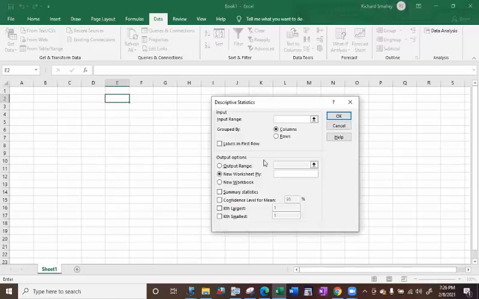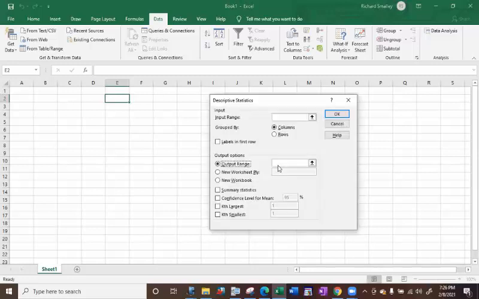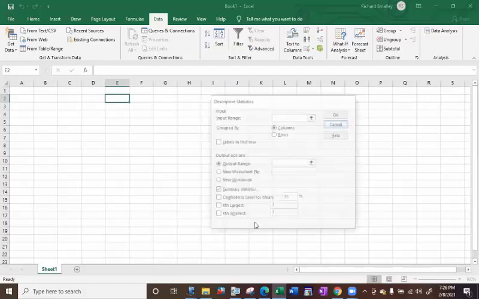First of all, you got to put some numbers in there, and you got to tell it what range, and then output. What I always do in output is I just put the first cell location wherever I want. I don't worry about putting the ending part. What I do is put the first cell and let it spit out whatever it wants, and then this summary statistics has to be checked right there, and then it'll spit out what I had. All right.